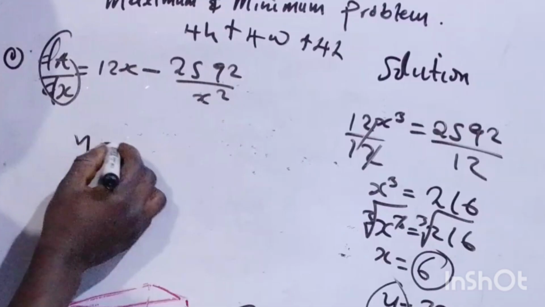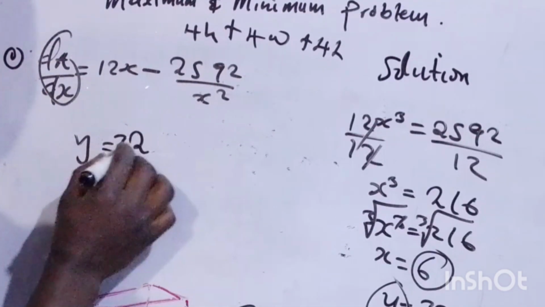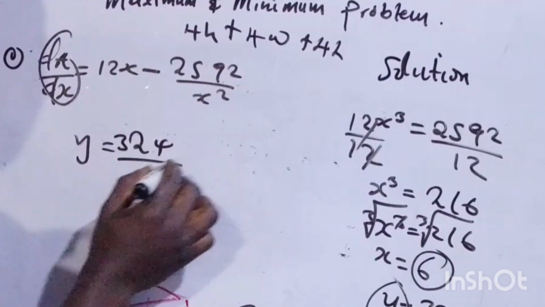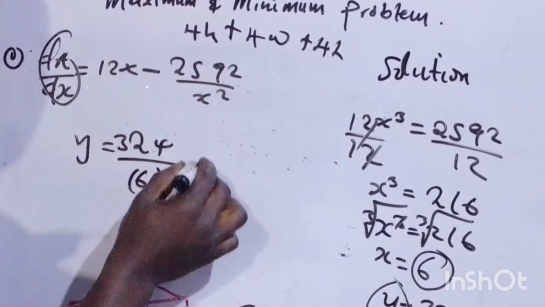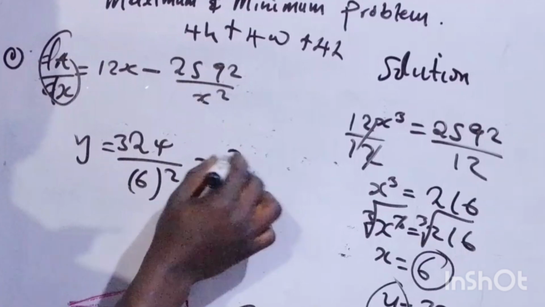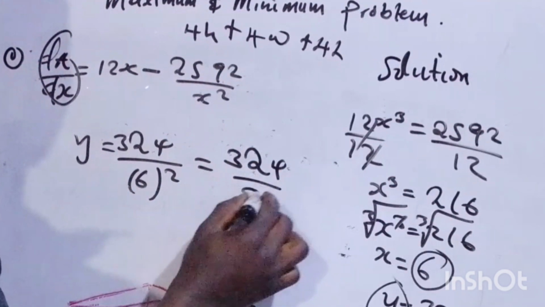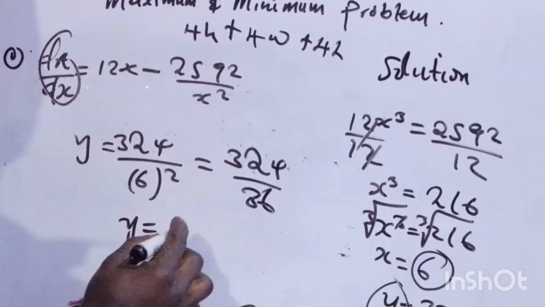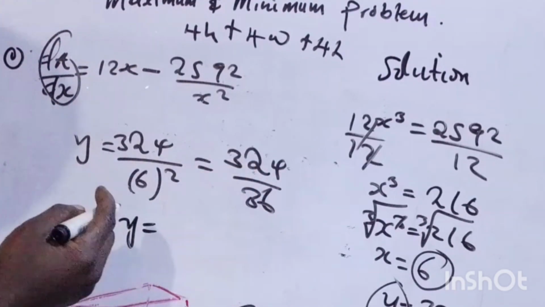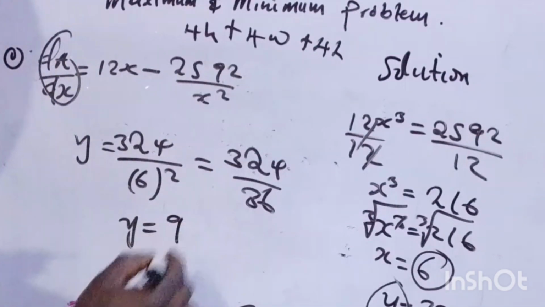So y equals to 324 over, where this x, we have 6 squared, in which it will be equals to 324 over 36, in which y to be equals to 324 divided by 36, you're going to have 9.